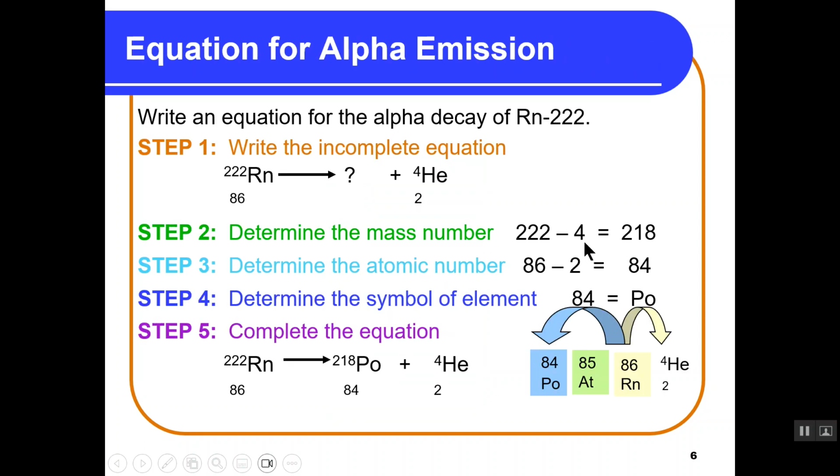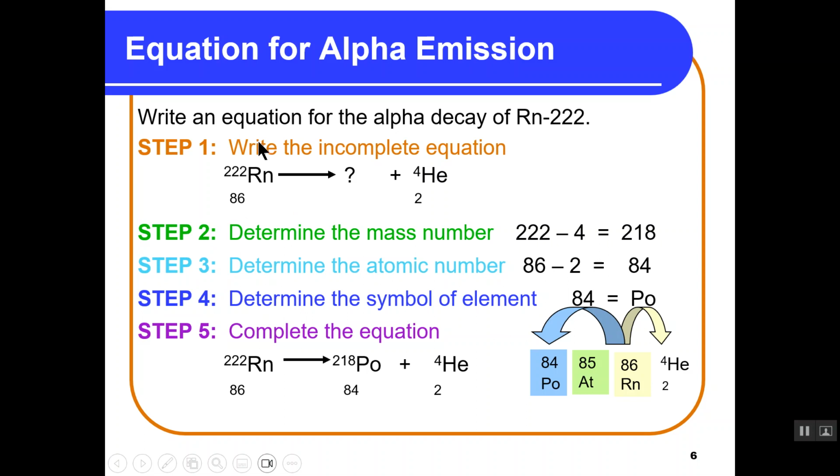So here's an example. All right, so let's say you're given this question: write an equation for the alpha decay of radon 222. Right, so the first thing you'd write down here is the symbol for radon 222. Of course, you'd have to go to the periodic table, and when you go to the periodic table, you see that the atomic number is 86, and the question already gave you the mass number, which is 222, right?